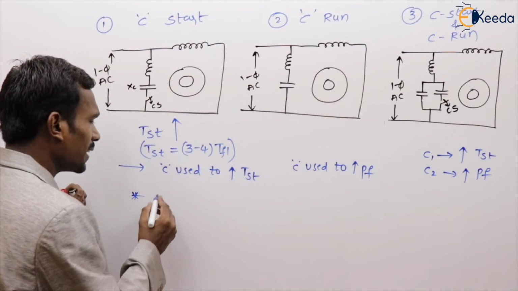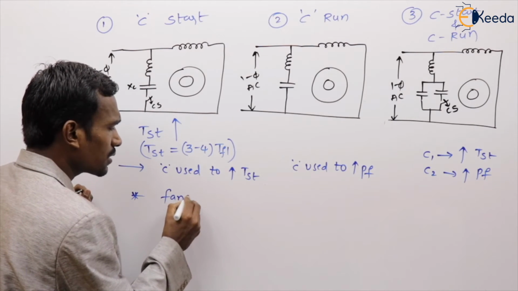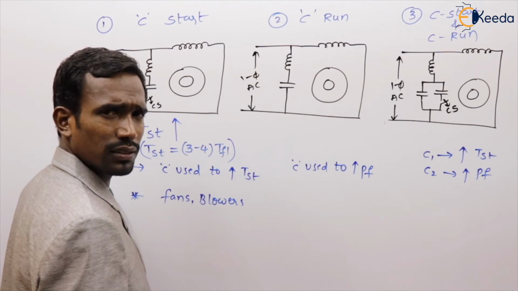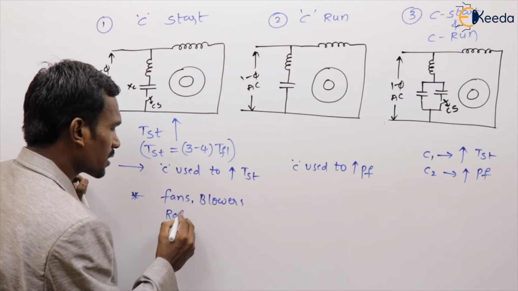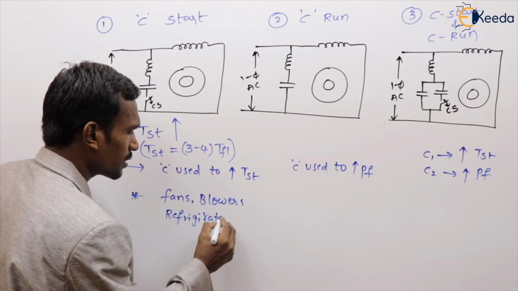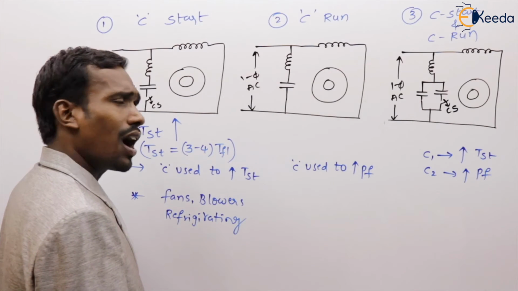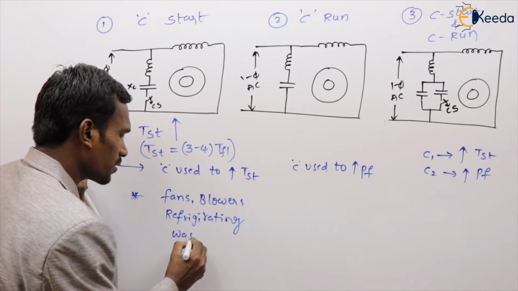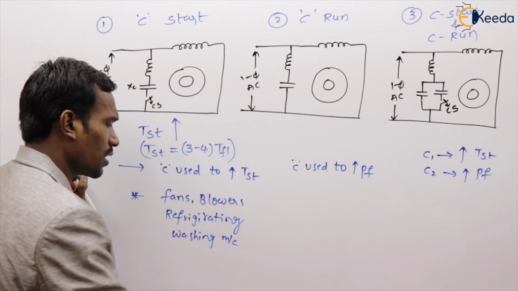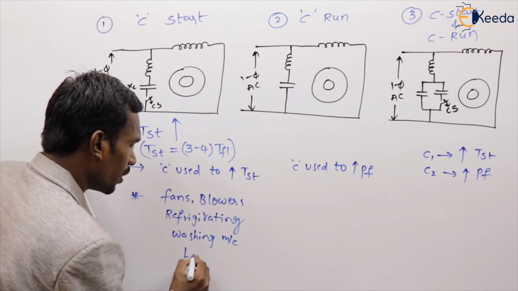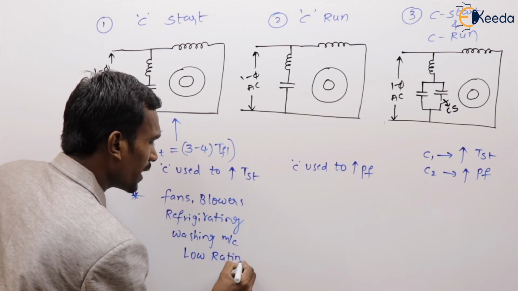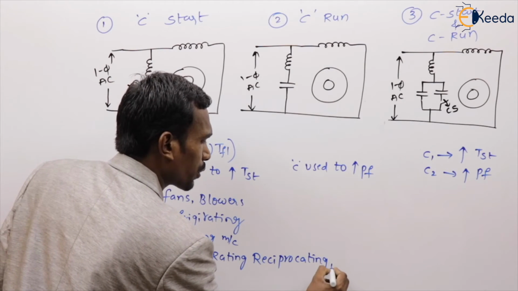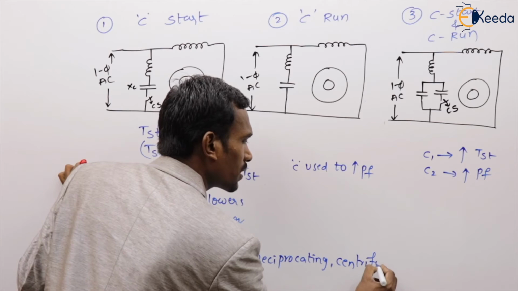What are the applications of these motors? Generally these are used for fans, blowers, wind blowers, refrigerating systems, washing machines, refrigerators, and low rating reciprocating pumps and centrifugal pumps.